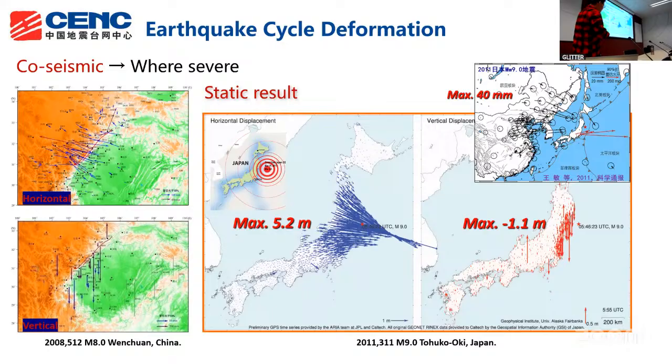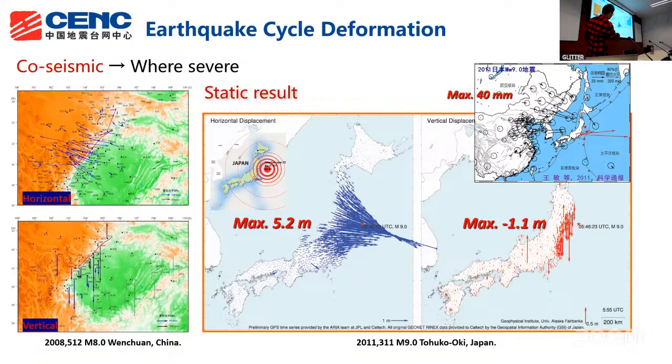And this shows the 2011 Tohoku-Oki earthquake. The magnitude is very big, 9.0, and it also triggered a large-scale tsunami. In the horizontal displacement, the maximum is 5.2 meters. It means that after this earthquake, the Japan island moved east.